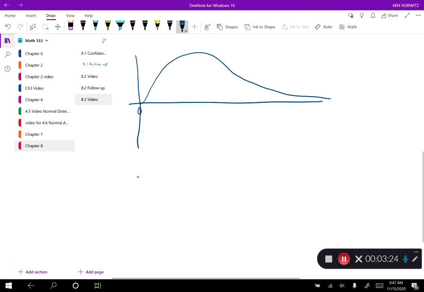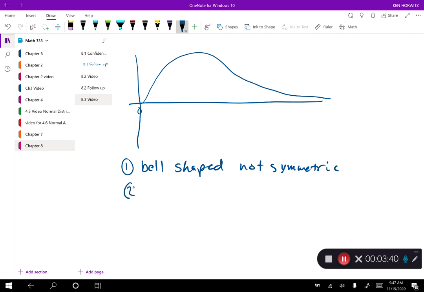So I'm going to list these: bell-shaped, not symmetric, starts at 0, so no negative values.